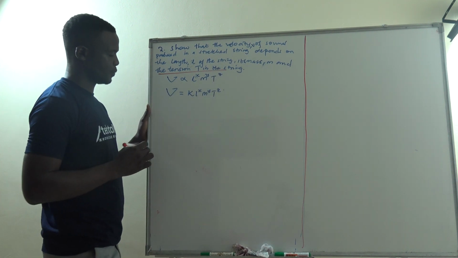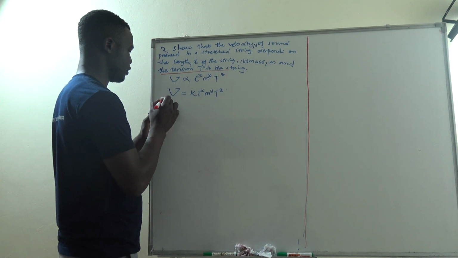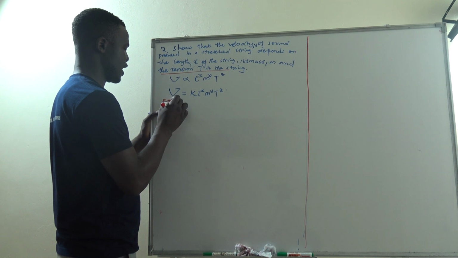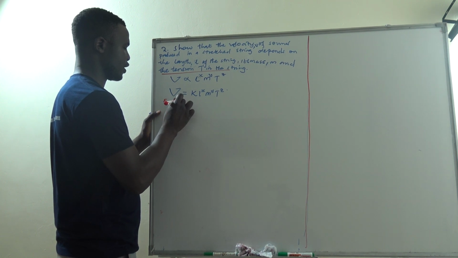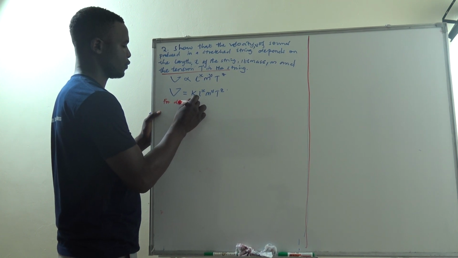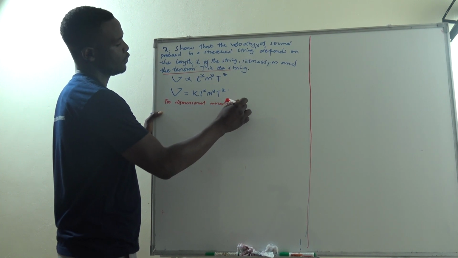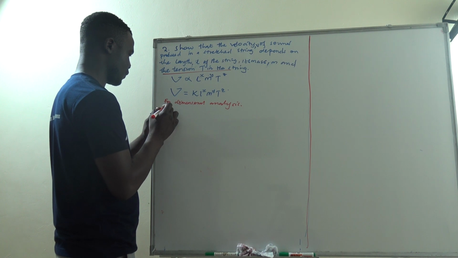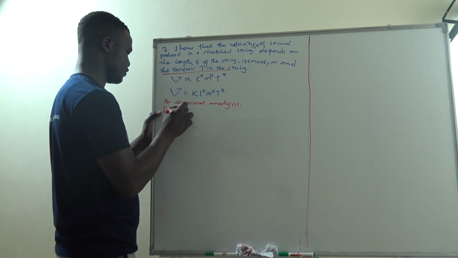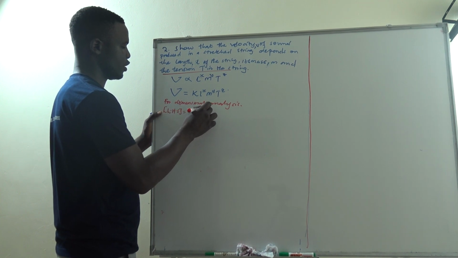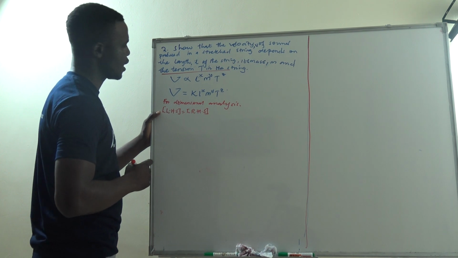Now, let's proceed. From dimensional analysis, we know that the dimensions on the left hand side should be equal to the dimensions on the right hand side.